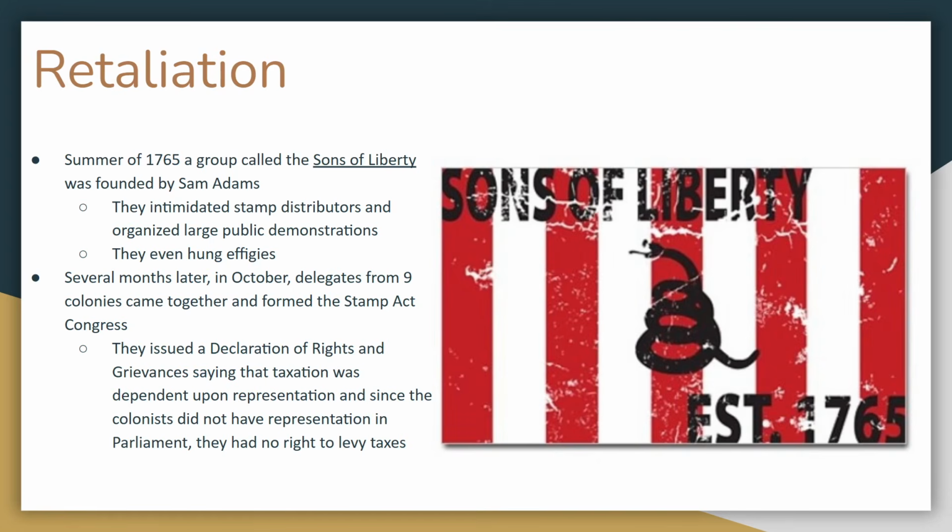They would go to hanging effigies. Eventually, they would go as far as tarring and feathering and hanging people and things of that nature. Things to remember about tarring and feathering is, obviously, it's a terrible amount of pain and it's a terrible amount of embarrassment.